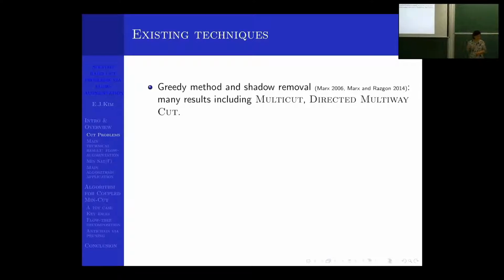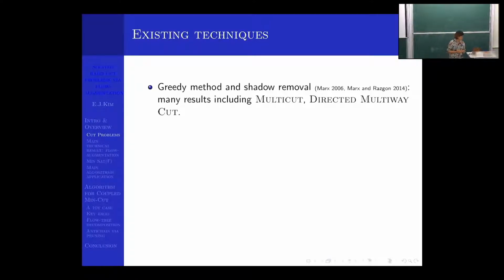I want to mention that the multicut problem was, by that time, arguably the most important open problem in parameterized complexity, and it was open for a long time. And in that year, Marx and Razgon, and another team who simultaneously and independently, solved the problem.